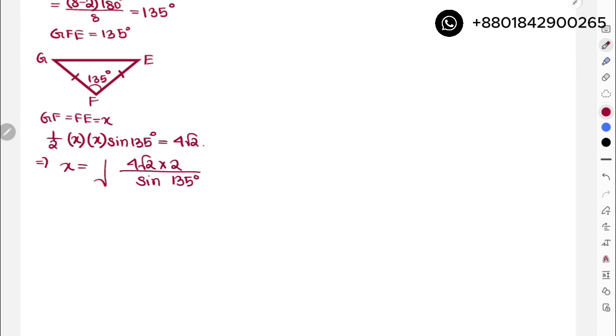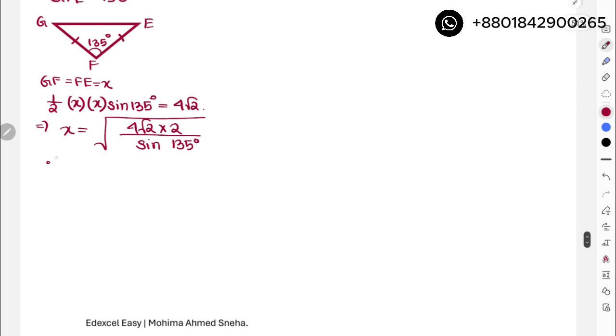So you get 4 root 2 multiplied with another 2 divided by sine 135, and that would be 4. So you get the value for this length x as 4.